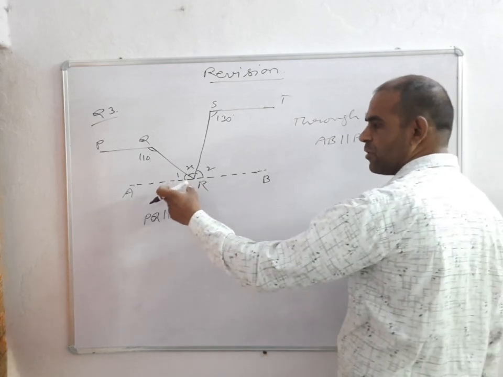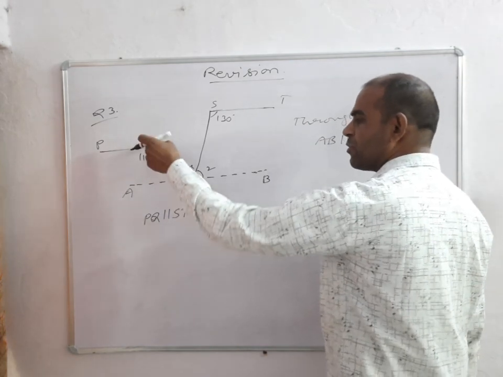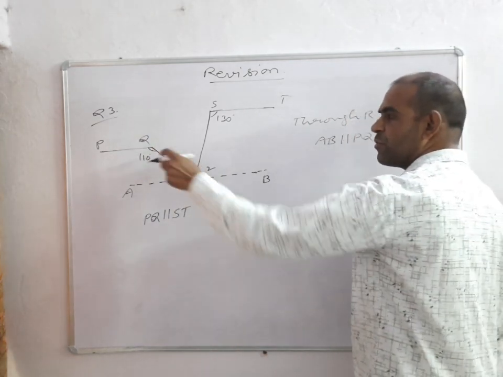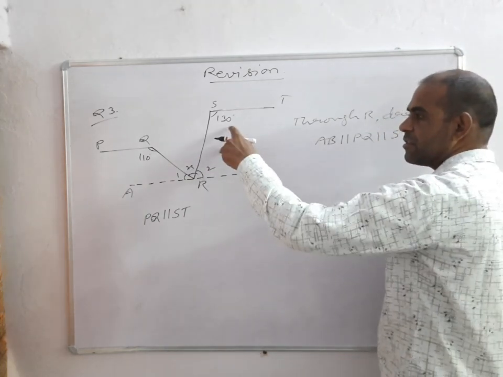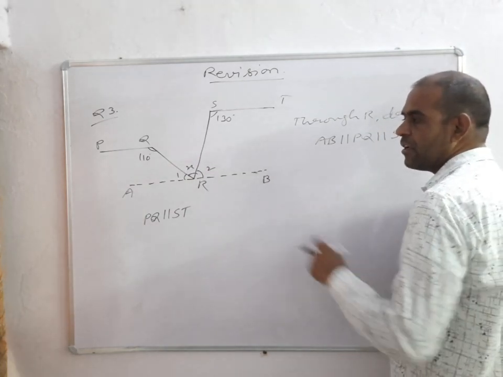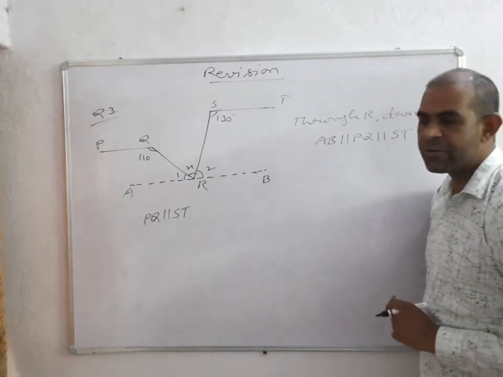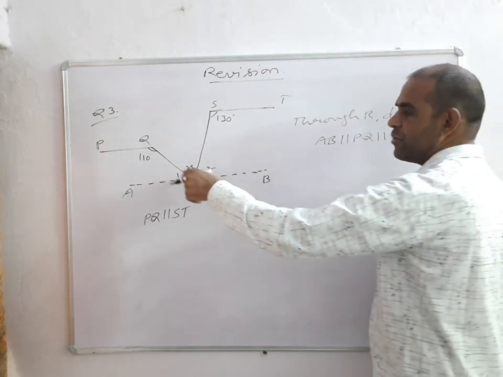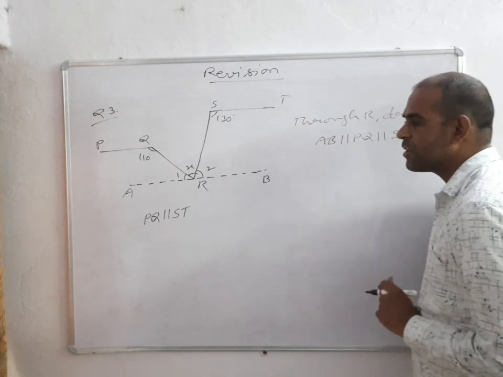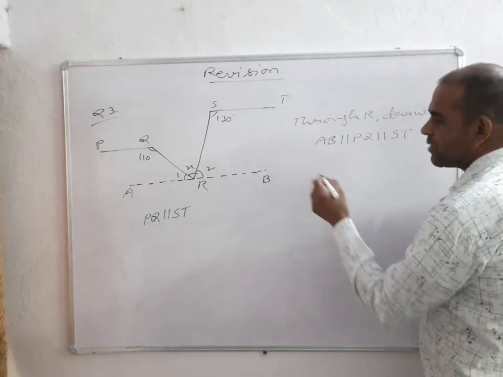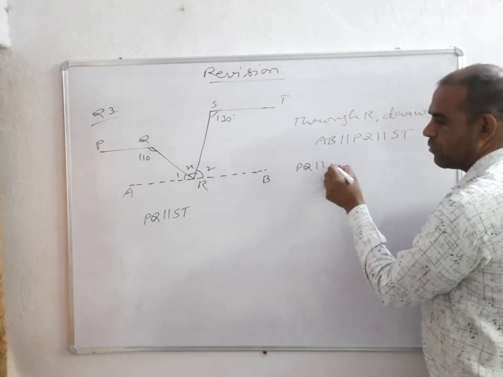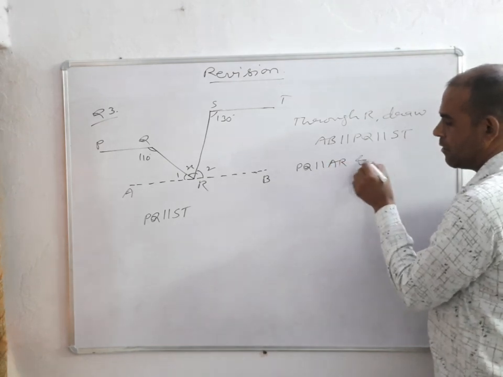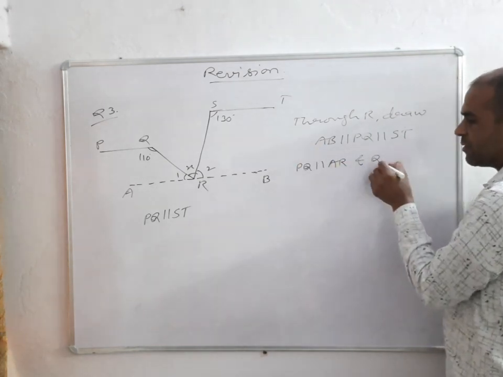So first of all, AB is parallel to PQ and QR is transversal. So sum of this angle is 180 and sum of this angle is 180, and we can find the value of angle 1 and 2, and again using linear property. So first PQ is parallel to AR and QR is transversal.